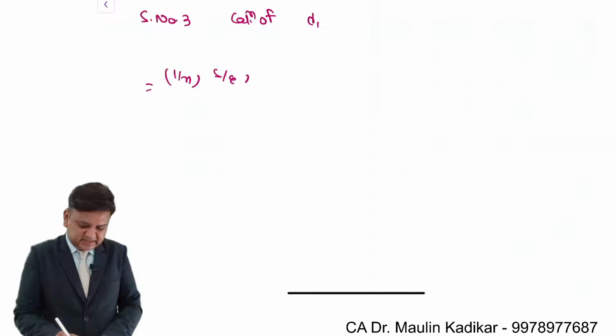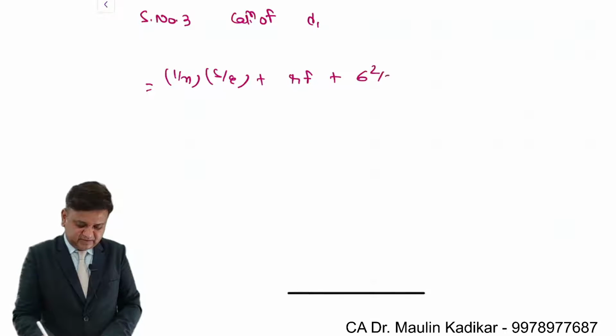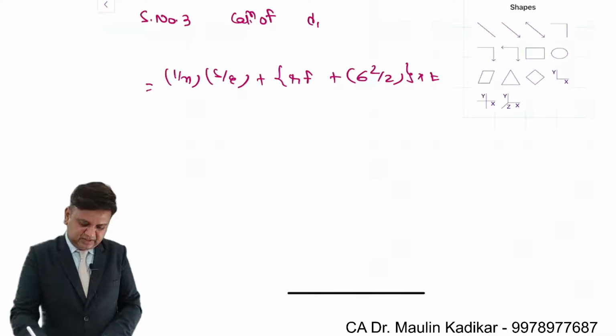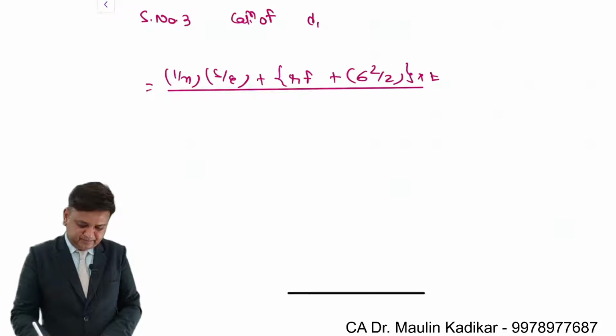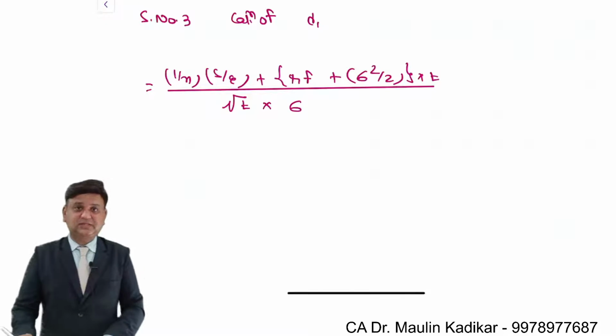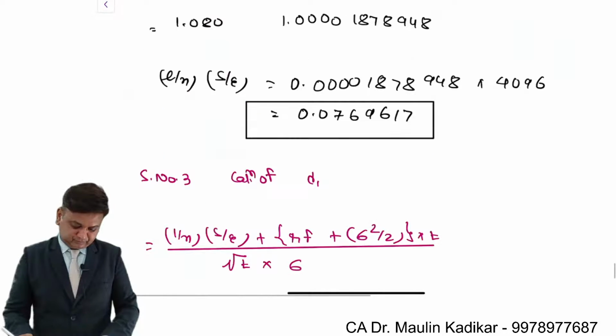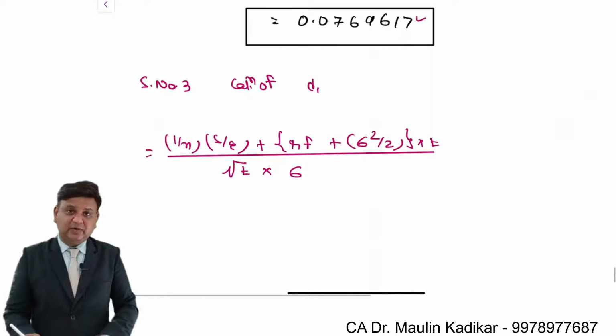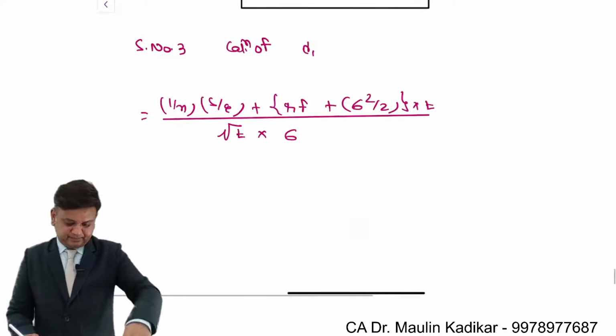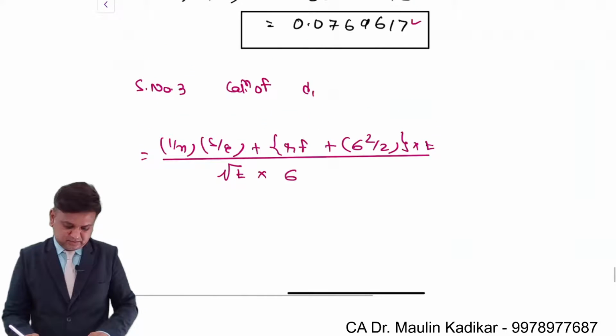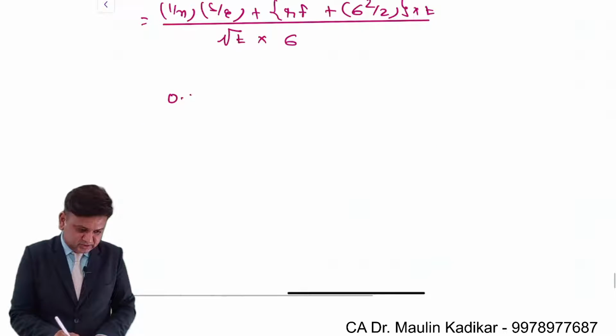It is ln S divided by E plus Rf plus variance divided by 2, whole into t, divided by under root of t into standard deviation. This is the formula. This value I am carrying forward. It is 0.0769617.